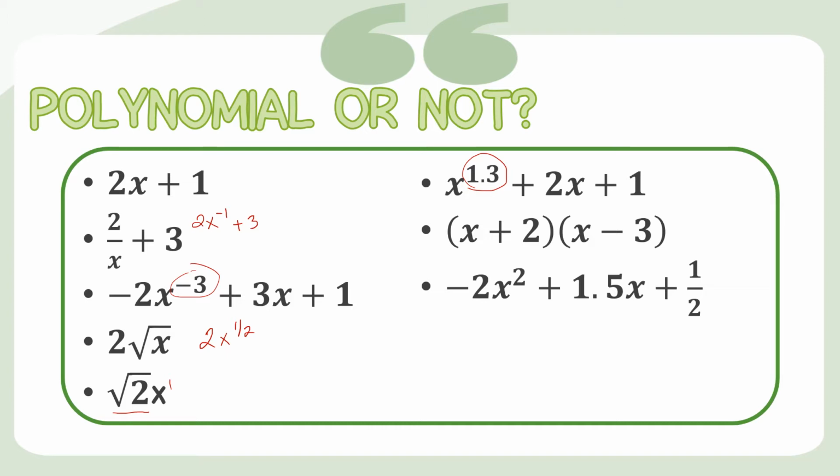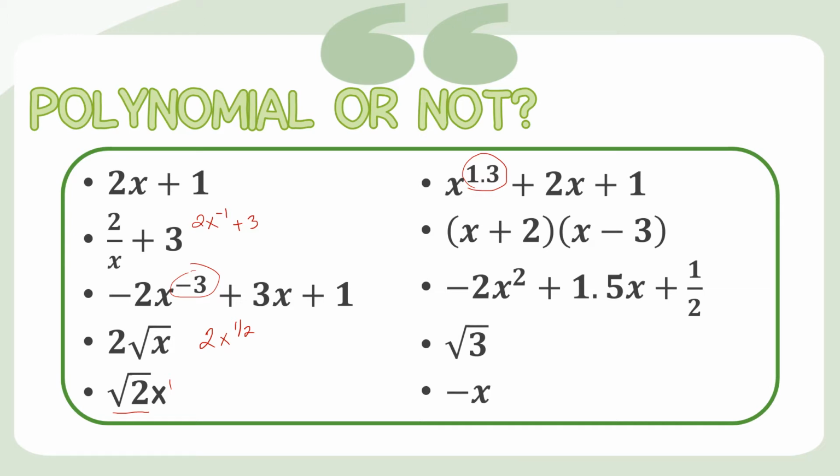Next. Yes, this is a polynomial. Nasunod naman niya yung ating mga guidelines. So, regardless kung negative or decimal or fraction yung ating mga a's or yung ating mga numerical coefficients, still they are real numbers. Square root of 3. Yes, this is a polynomial.